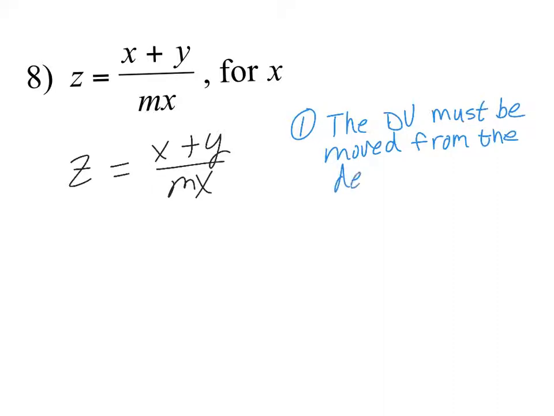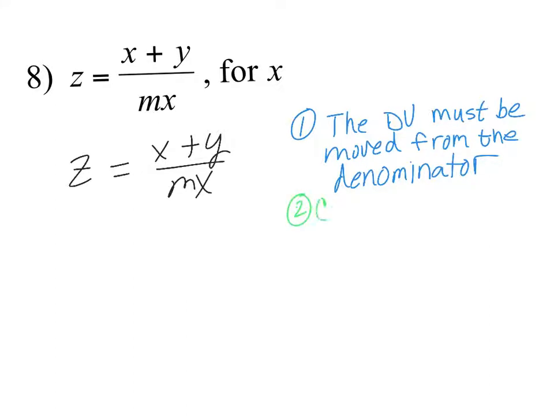It can't ever be isolated if it's in a denominator, because there's always going to be something on top. I'm not asking you to write a novel for your explanation, but something along those lines. You could go a step further and say, because it can't ever be isolated if it's in the denominator.